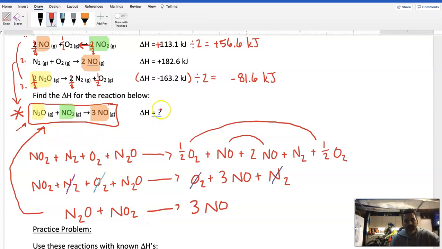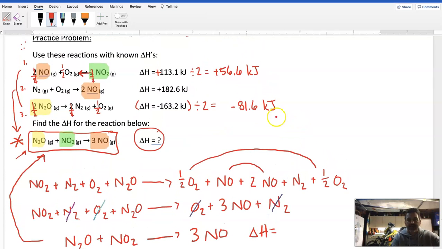Now, they want to know, what is the delta H for this equation? So remember, if I add these three equations together, Hess's law says I'm also allowed to add the delta H's together. So I'm going to add 56.6 and positive 182.6 and negative 81.6. I'm going to add all those together.